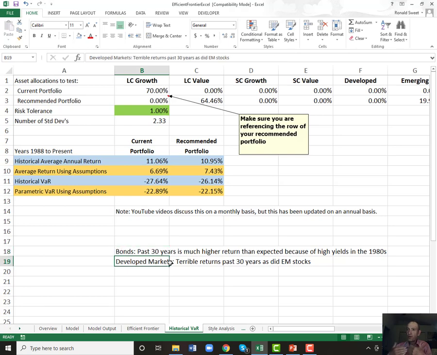If your model's pushing more into international stocks, that's going to make the historical look better than the parametric on a return basis, because those stocks just have not performed nearly as well as our assumptions assume. Now, what's your customer going to ask?